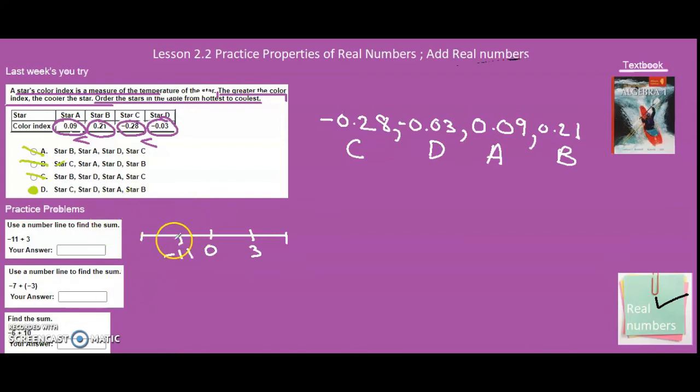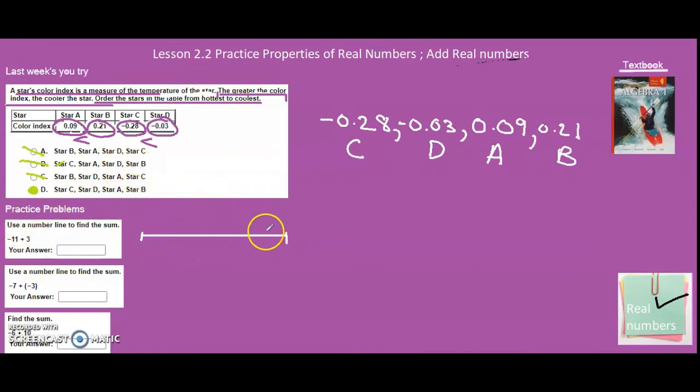Let's imagine these invisible numbers between 0 and negative 11. It says in this question, I'm sorry, let me get rid of the 3 because we don't need it here. It just asks us to add 3 to negative 11.